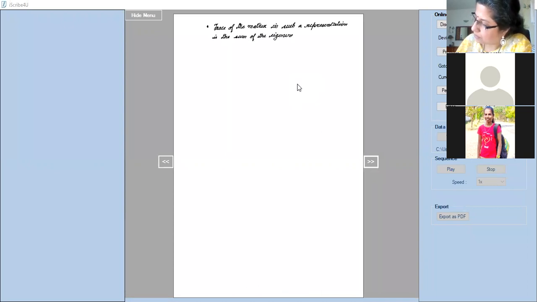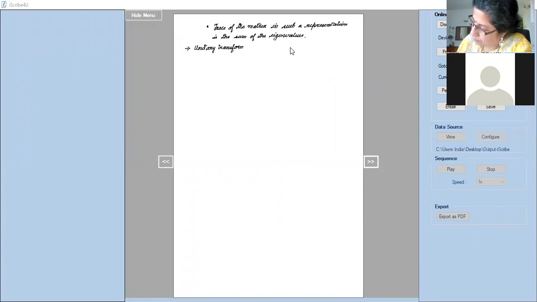Correct? And what did we end up proving over here? If you remember, we ended up proving that unitary transformations do not change the trace of a matrix.